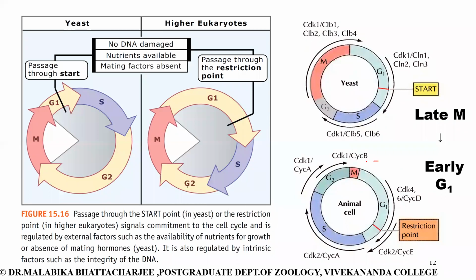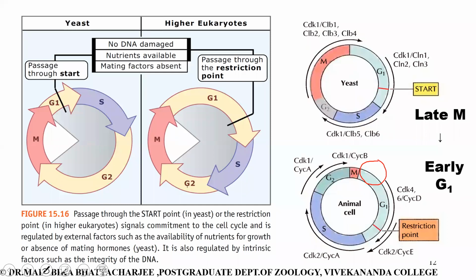We are actually going to discuss what is happening here. In this picture, at the point where I have circled, you are not seeing any cyclin dependent kinase or cyclin molecules controlling.